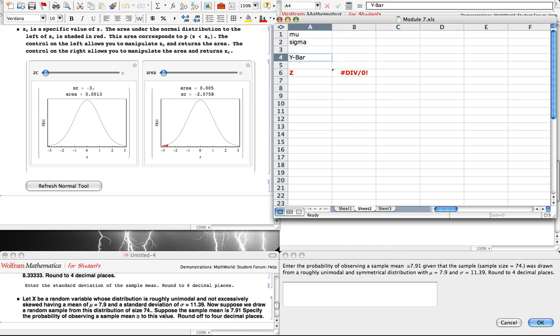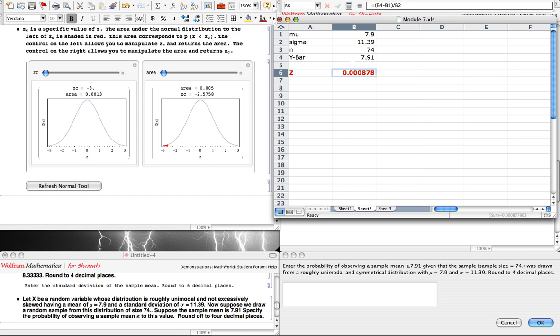So the mu is 7.9. Sigma is 11.39. Now n is equal to 74. The sample mean that we're interested in is 7.91.